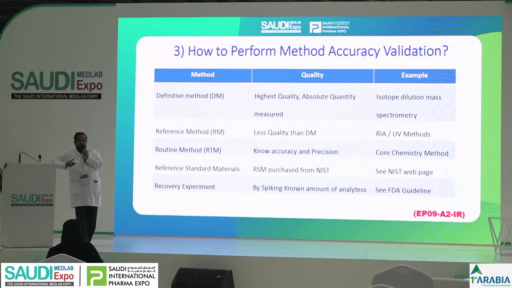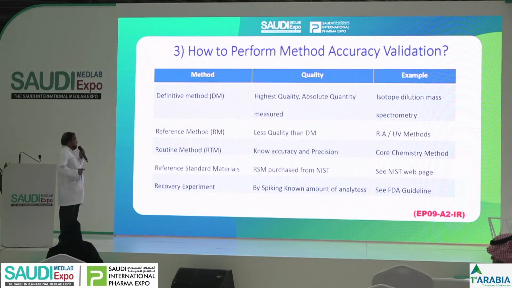So this is the only absolute thing that we can measure. All of the rest are not absolute. All physical quantities, the volume, the absorbance, the weight, and all of them are not absolute. So the definitive method is a method which normally uses isotope dilution mass spectrometry.